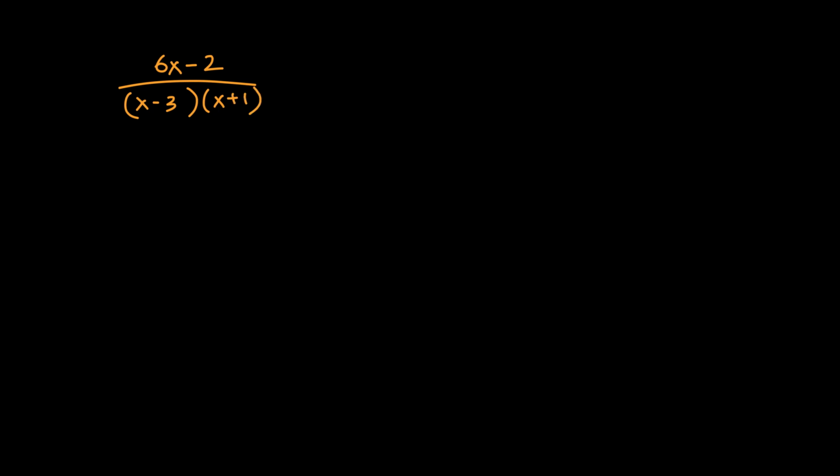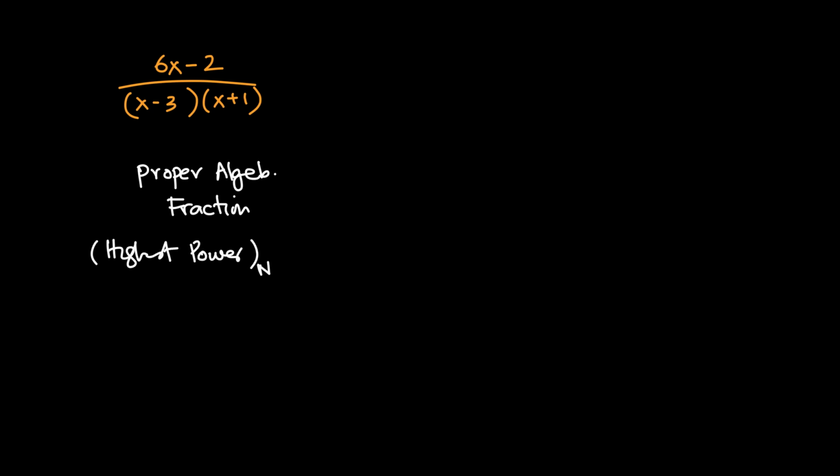This is a proper fraction. What's a proper algebraic fraction? A proper algebraic fraction is one in which the highest power of the numerator is lesser than the highest power of the denominator.